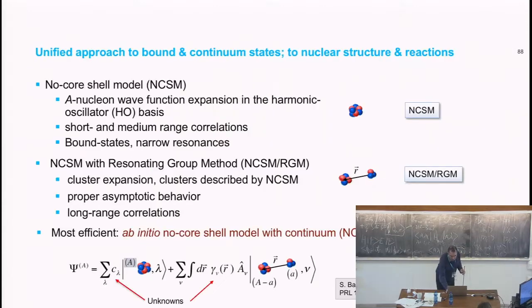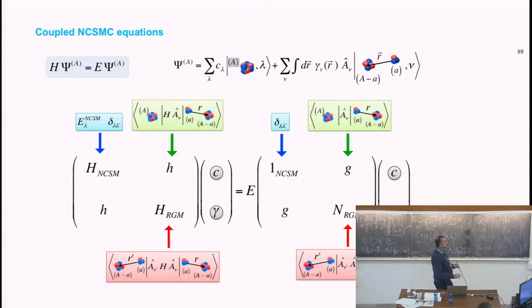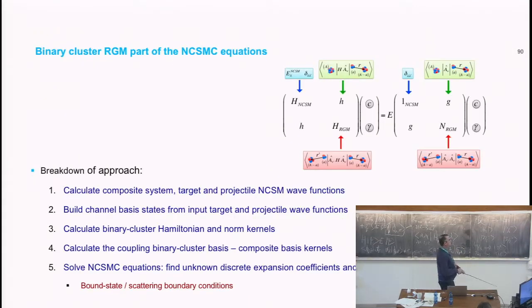Okay, so just to continue and describe what we need to do to carry out this calculation. As I said, first we need to calculate these eigenstates in the no-core shell model, and then we need to build these binary cluster channels from these wave functions of helium-4 and helium-3. And once we have the channels, we can calculate the kernels. So the kernels are these objects.